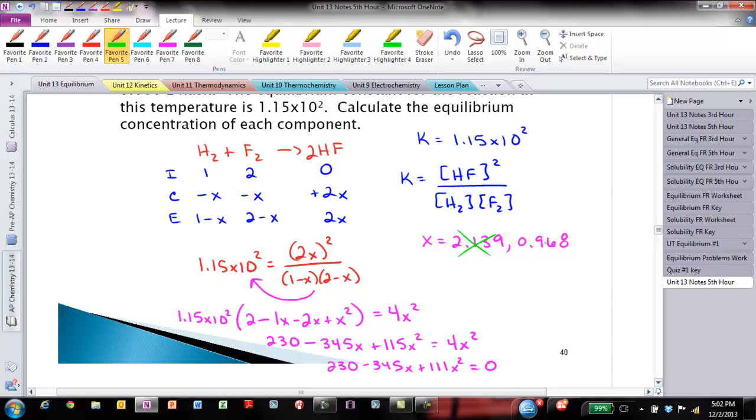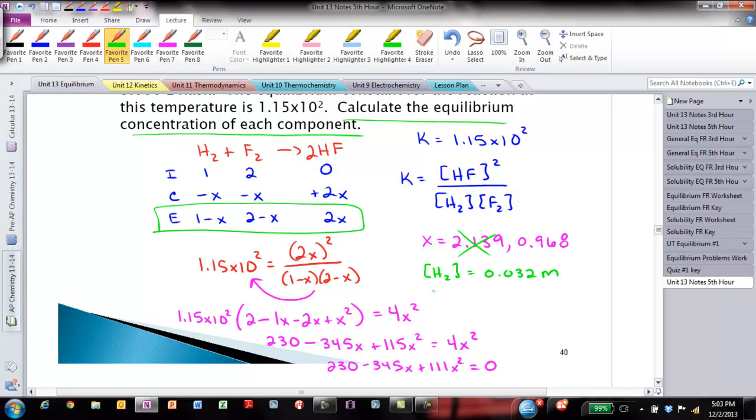But my job is to calculate the equilibrium concentrations of each component. That's the goal, which all it means is to fill out that line with numbers. So for hydrogen, I'm just going to take 1 minus my x. I'm going to get 0.032.